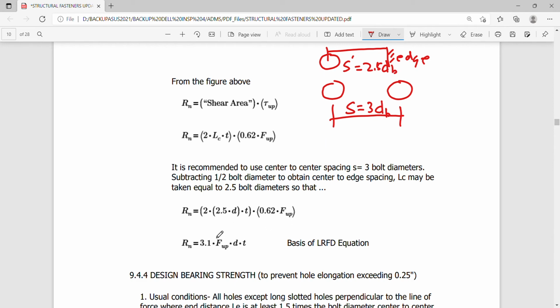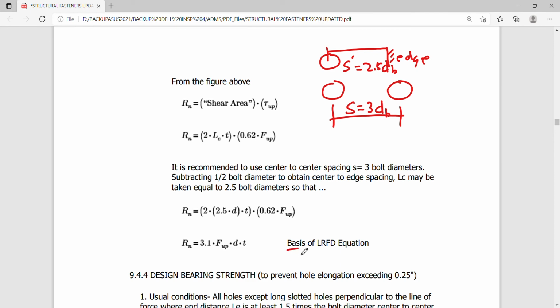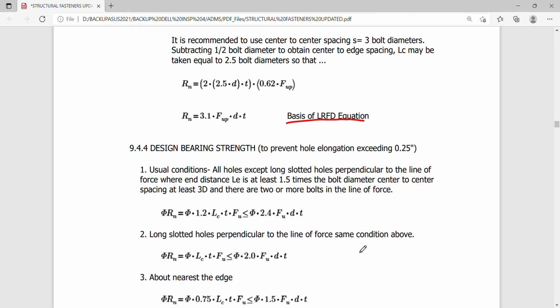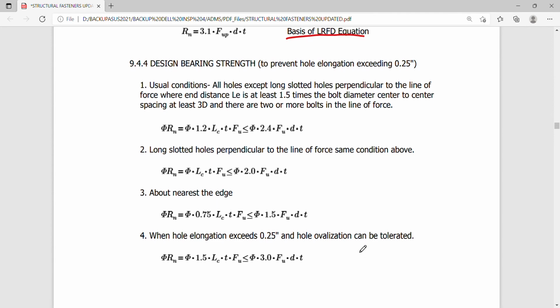Okay. So if we do that, our Rn now becomes 2 times 2.5 dt multiplied by 0.60 FUP. So this is approximately 3.1 FUP. Again, a basis for the LRFD equation. So for the design bearing strength to prevent hole elongation exceeding 0.25 inch, these are now the cases.